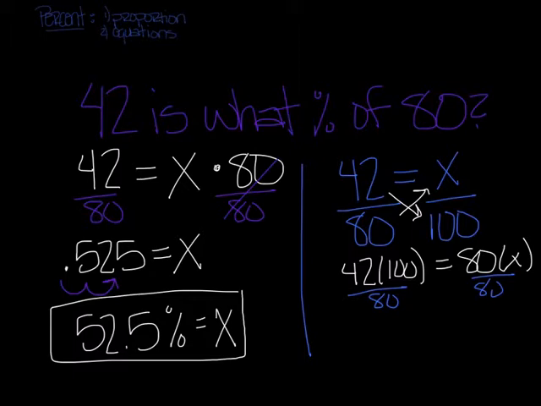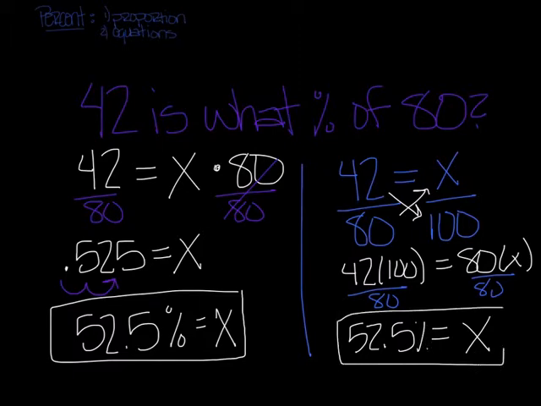And we get 4,200 divided by 80, which is 52.5 equals x. So we have 52.5%. So notice we get the same answer either way, just two different strategies to deal with a percent problem.